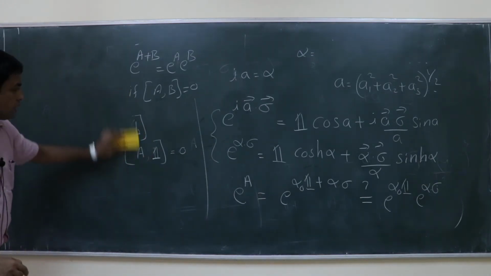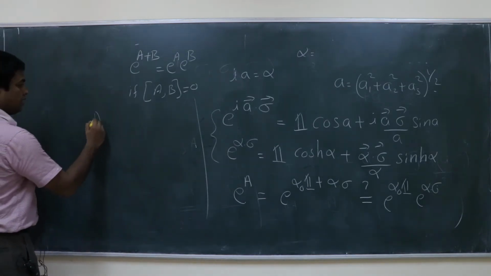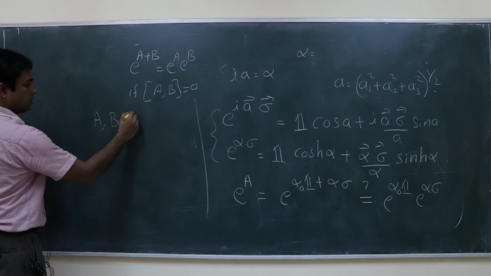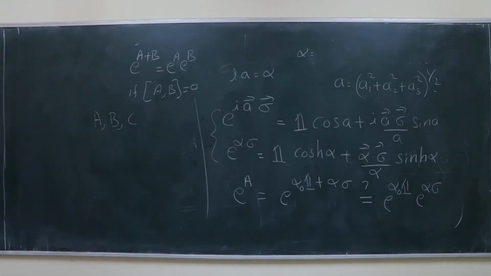So, if that is the case, I have 3 matrices A, B. Sir, what happens if C is a complex number in the previous question?